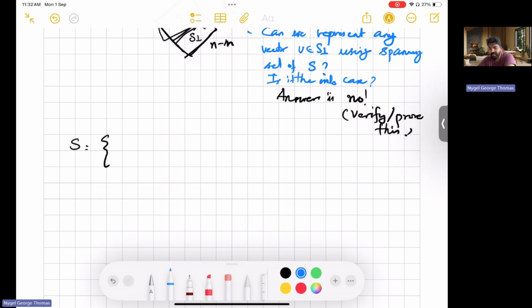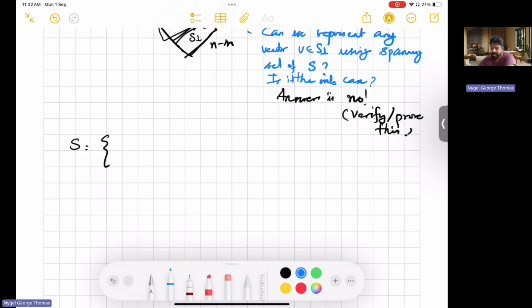But they're orthogonal. What if they're just independent? We have a set of vectors, and all vectors in one subspace are independent of the vectors in another subspace. They could be mutually independent, not mutually orthogonal. Then how is this condition relaxed?